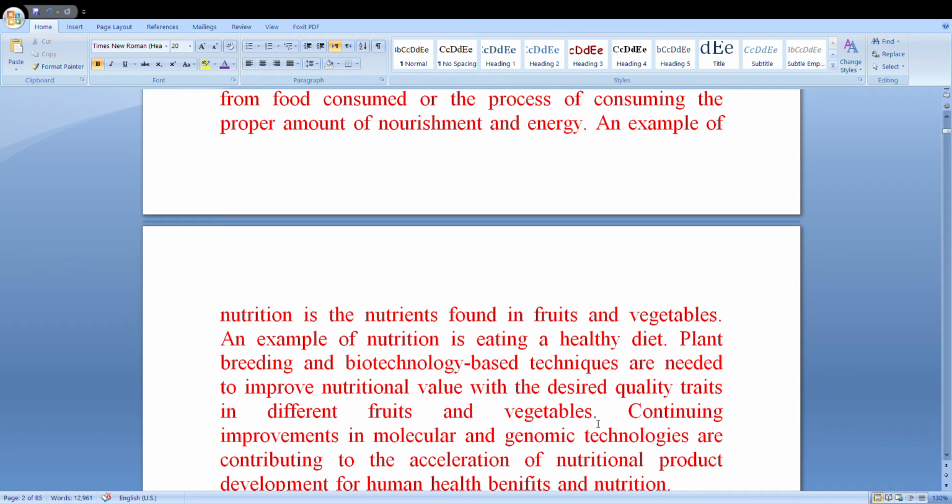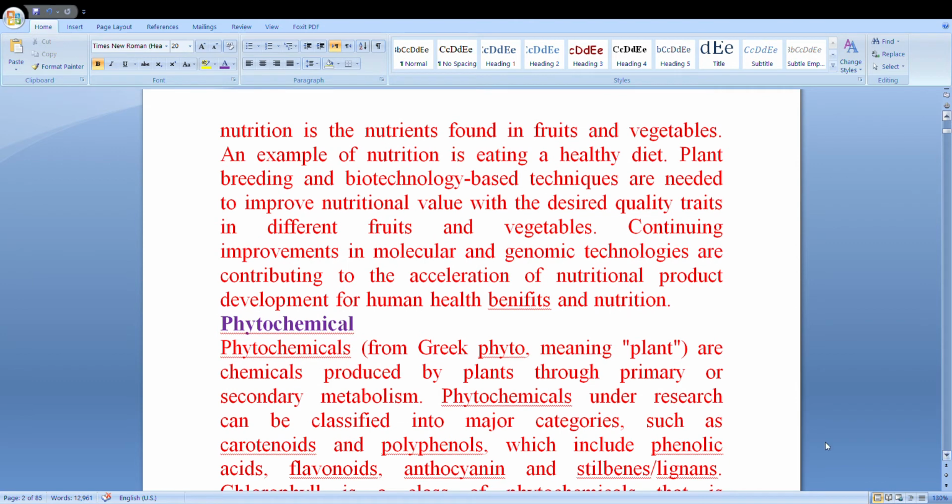So plant biotechnology and nutritional science and nutritional biotechnology are correlated. Continuing improvements in molecular and genomics technologies are contributing to the acceleration of nutritional product development for human health, benefit and nutrition.